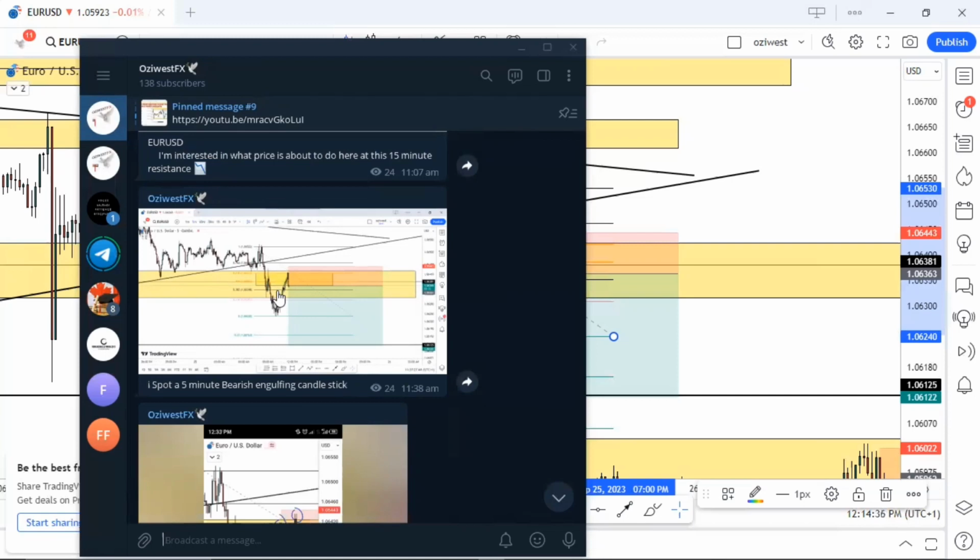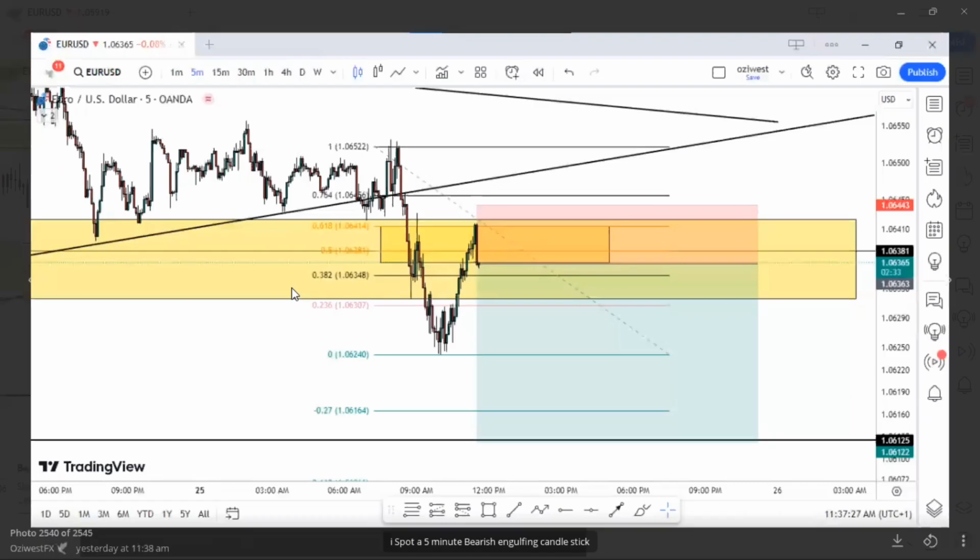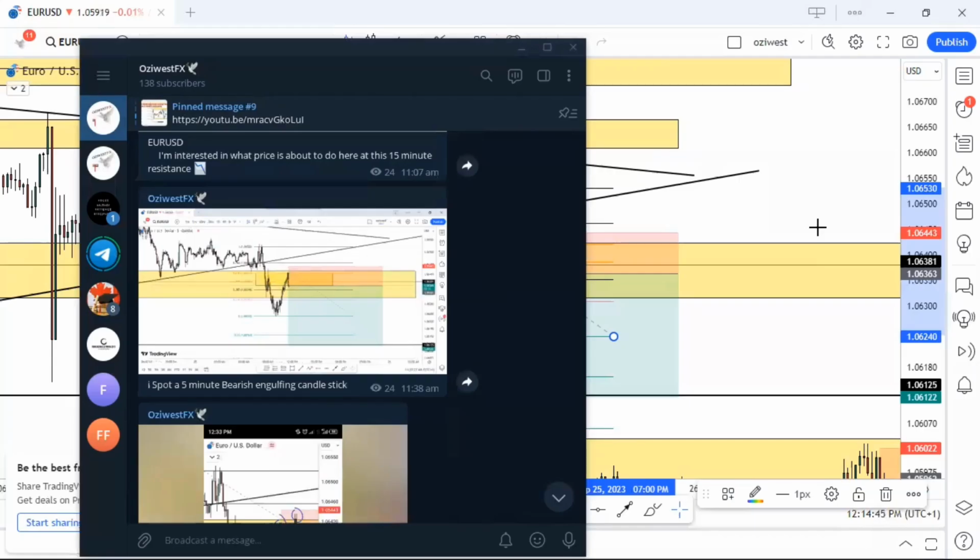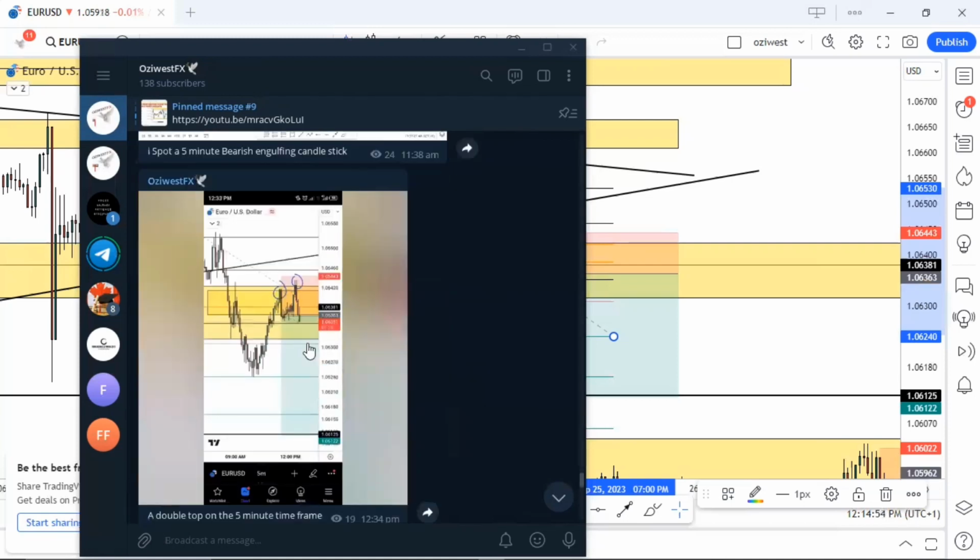Price got to that resistance area that I was interested in, gave us a bearish engulfing candlestick on the 5-minute time frame. We executed. I sent it out. I said I spot a 5-minute bearish engulfing candlestick.